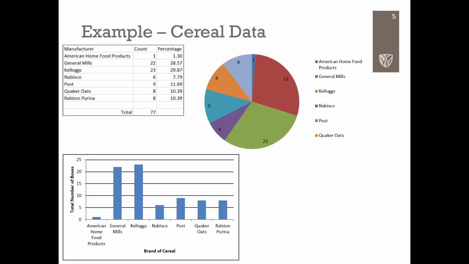You see in the upper left corner of the slide there the tabular frequency distribution. So we have a listing of each of the manufacturers that was present in the data set. We have the number of times, the count that each of those occurred, and we have the percentage of the total number of observations listed there as well. And so you can display this as a pie chart or a bar chart.